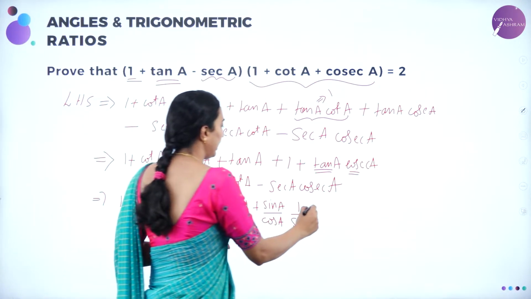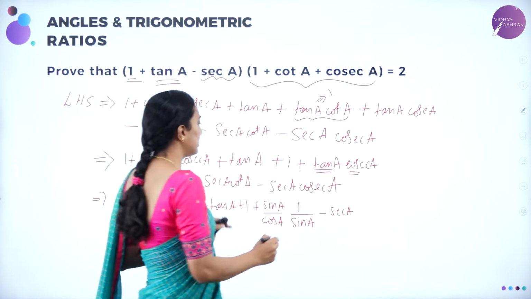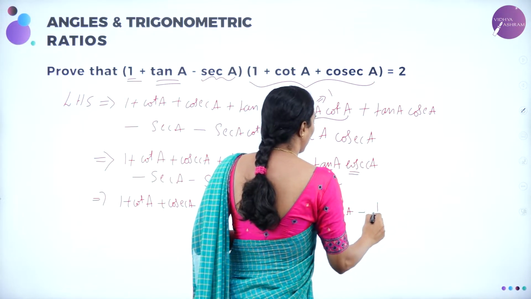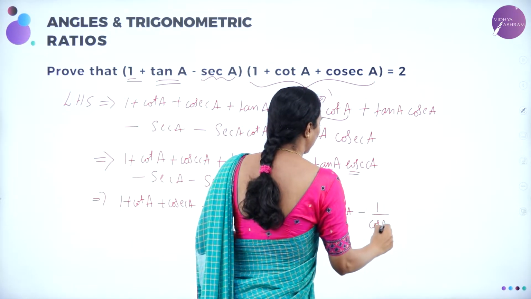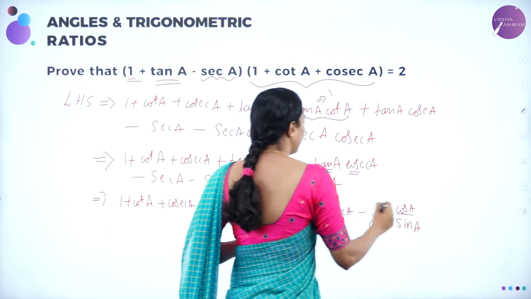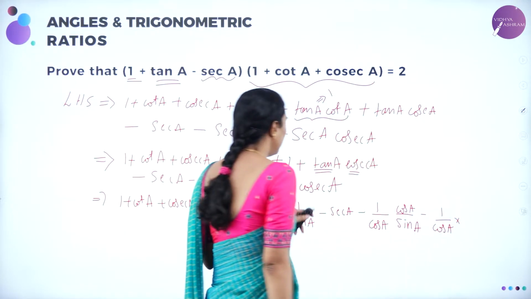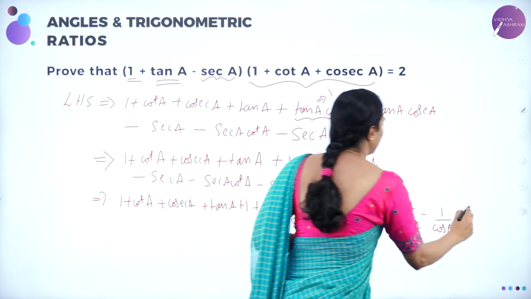Again minus secant A as it is. This I am going to write as minus 1 divided by cos A. See this one. Cot A can be written as cos by sine. Again this I am going to write as secant A is 1 by cos into cosecant A I am going to write as 1 by sine.